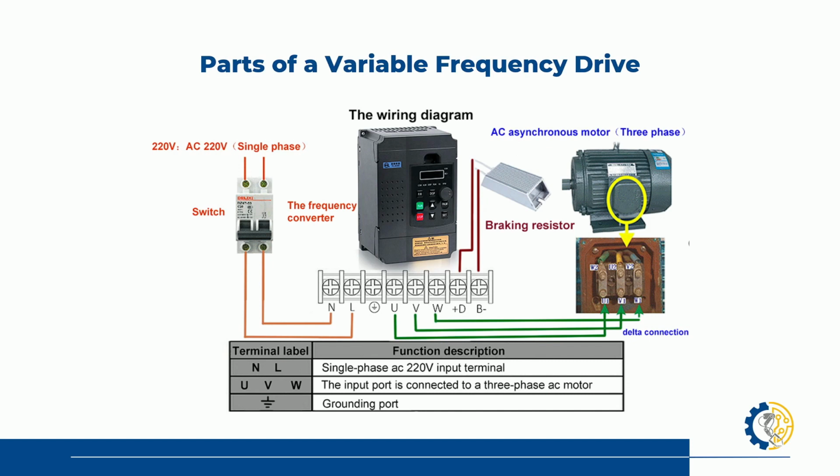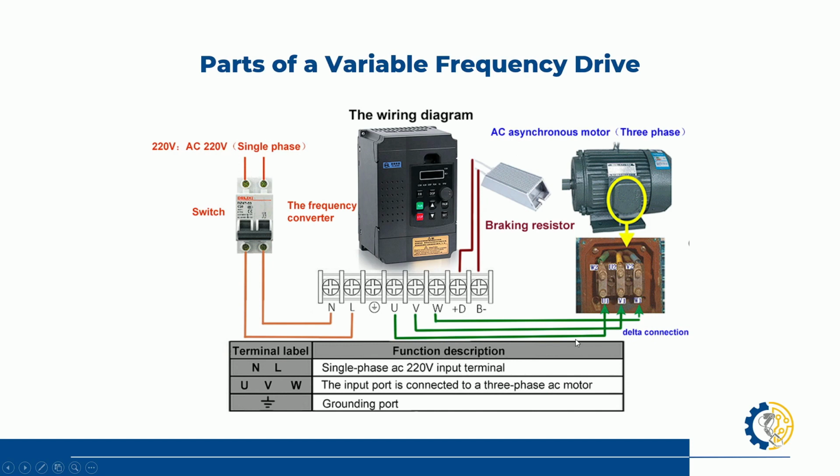Each one of the drives that we're analyzing, for all different brands, you will notice are basically very similar. So we have our terminals, our inputs, and our outputs. Those outputs are going to go directly to our motor terminals.